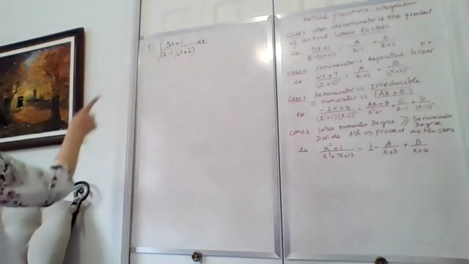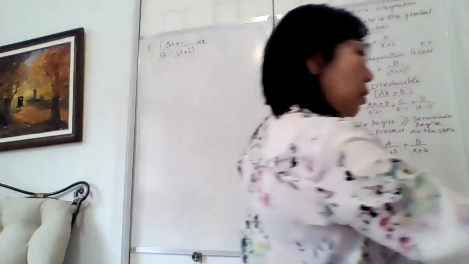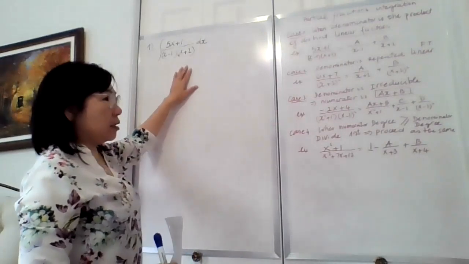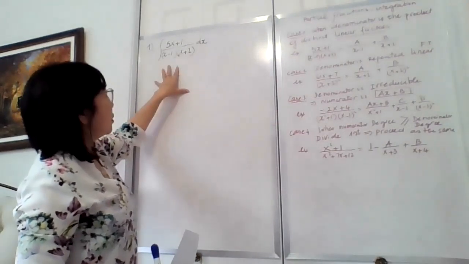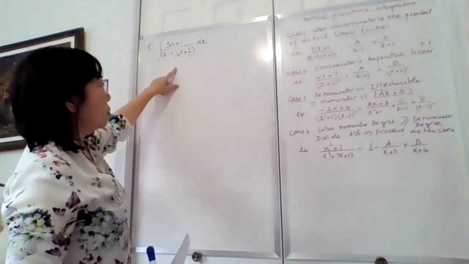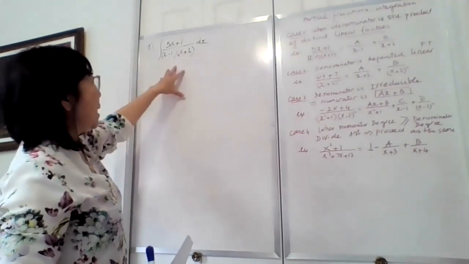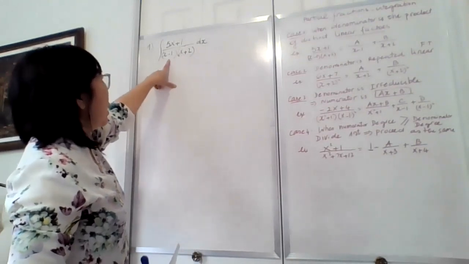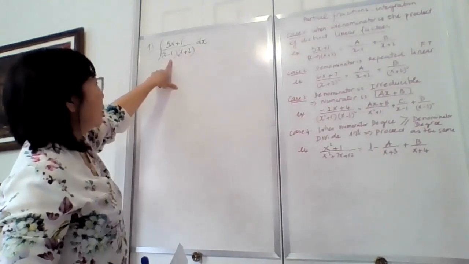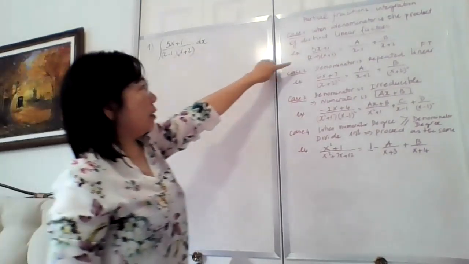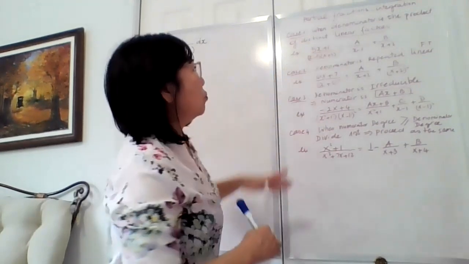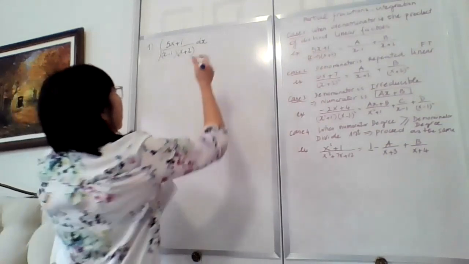Now, you will see what case we're going to use. Do we use case 1, case 2 or case 3? Which one is matching? We have linear factors, right? So this should be case 1. And I already put in the example here. So we're going to break this up.